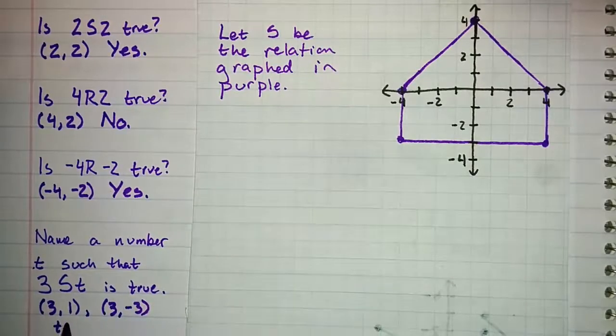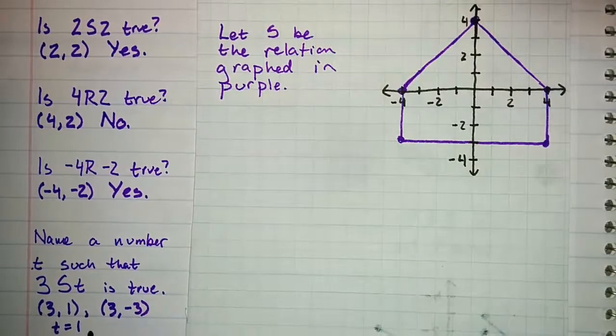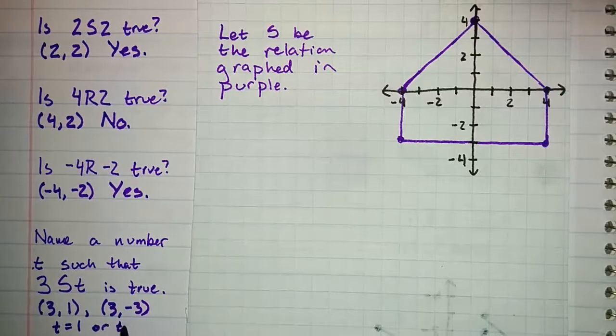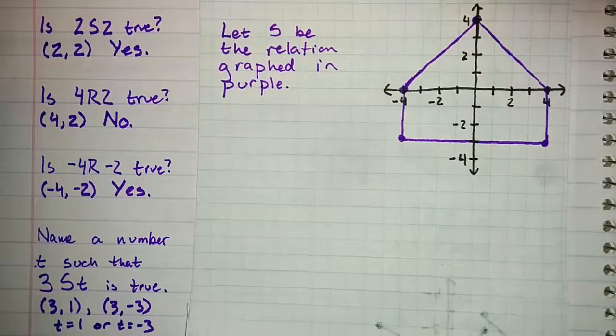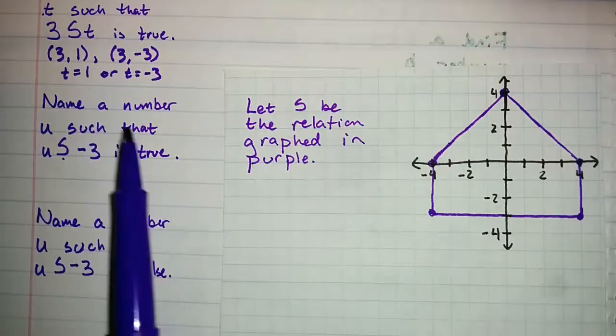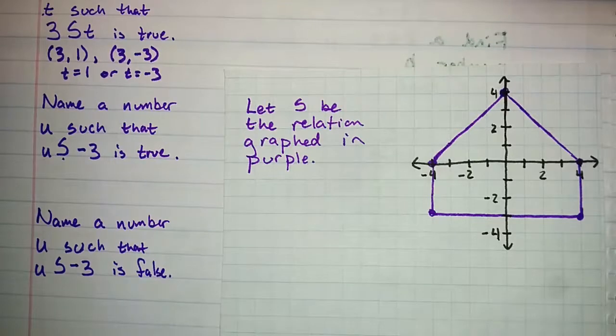So we can take t equals 1 or t equals -3. I'm going to ask you a couple more questions about this graph. Pause the video and try answering these last two questions now.